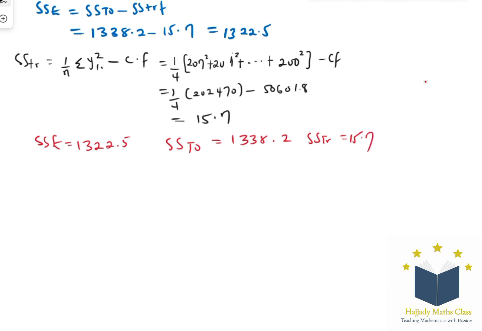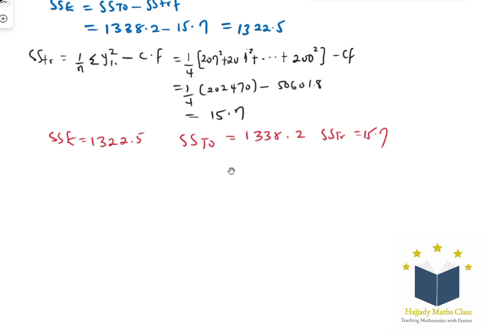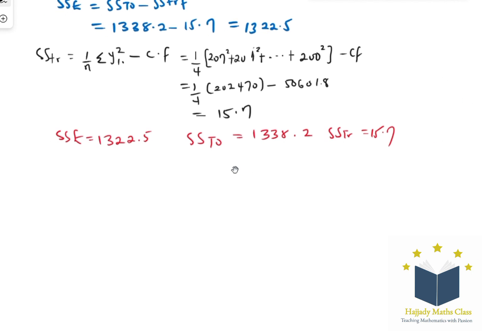With that, we can easily calculate our mean square error. The formula for calculating my MSE, the mean square error, is the SSE over the degree of freedom of the SSE, and that is N minus a.